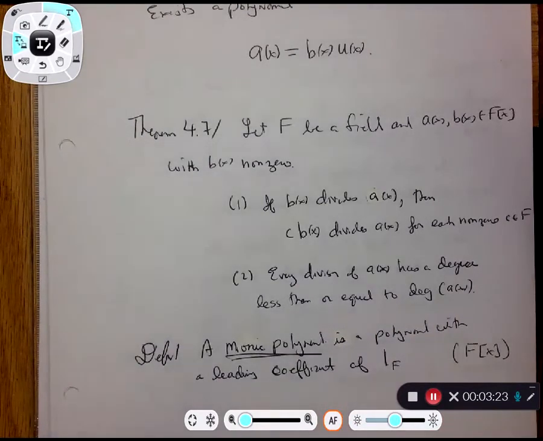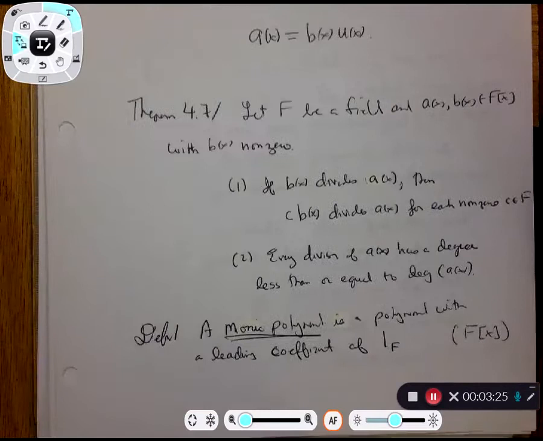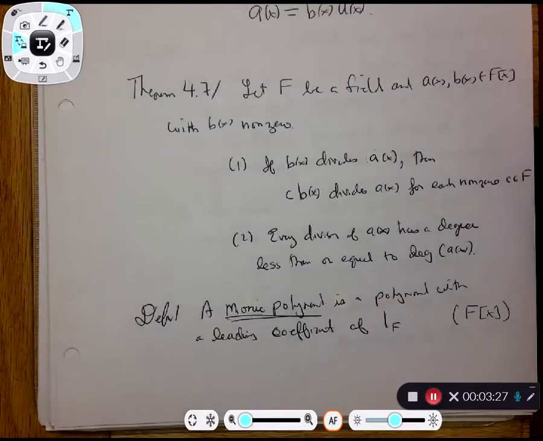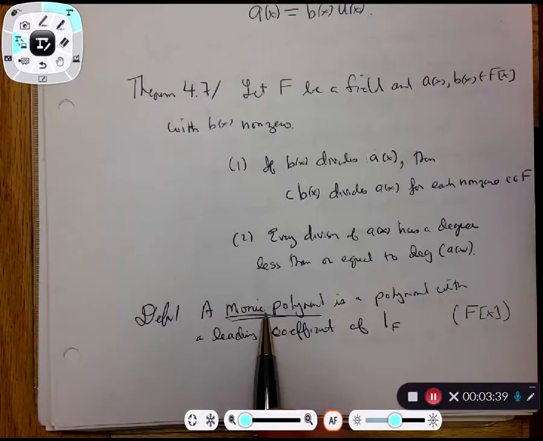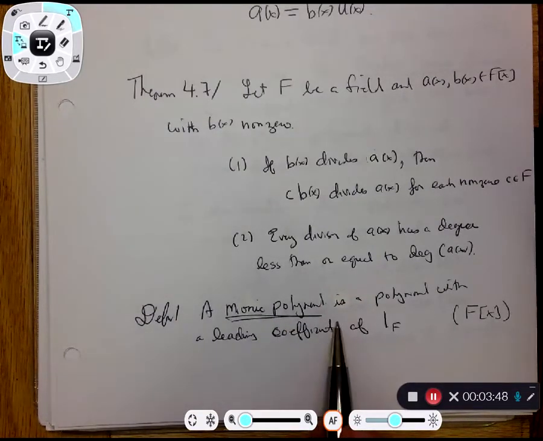Another definition, an important definition, is this. A monic polynomial is a polynomial with a leading coefficient of 1 in F. Again, we're talking about F adjoined x. So we're going to start disseminating the different types of polynomials. So how do we make these polynomials unique, since every constant times a polynomial will also divide?